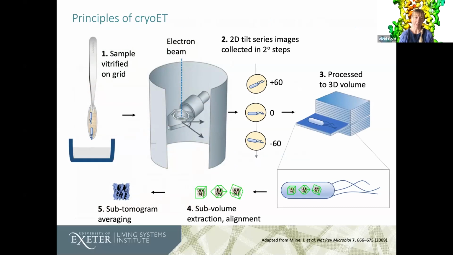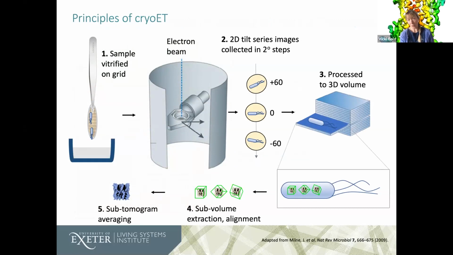So our cells are grown and then are pipetted onto EM grids. We then plunge freeze them in liquid ethane to vitrify the sample and transfer them into the electron microscope. Now in tomography, we tilt the sample in the microscope and collect an image at every tilt. And then these 60 or so images are then processed to a 3-dimensional volume.